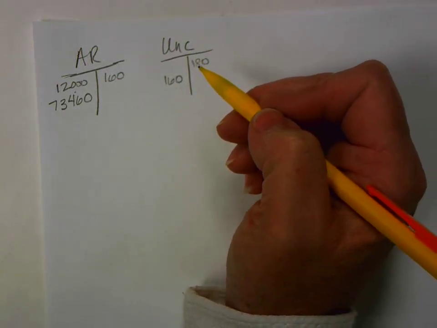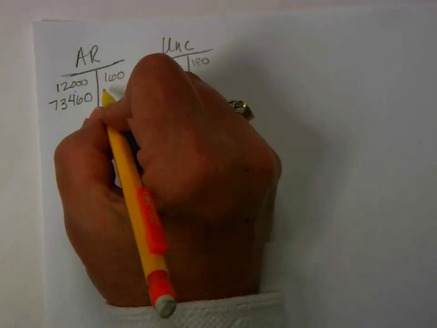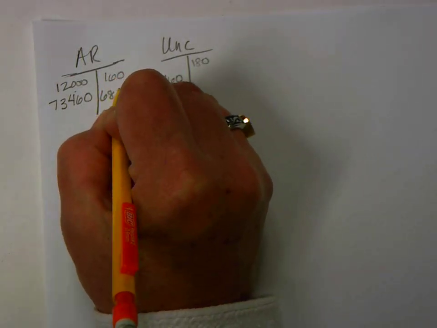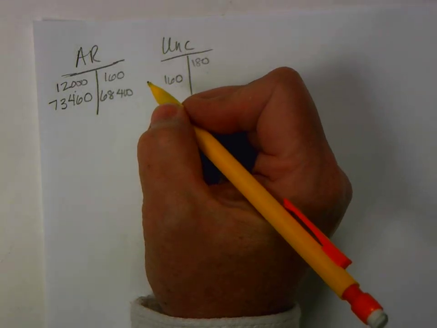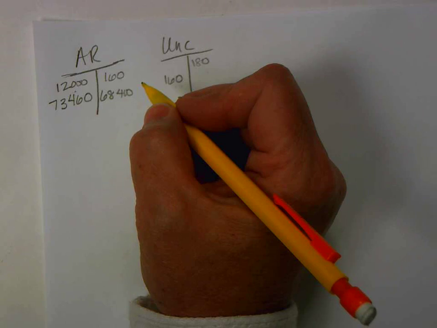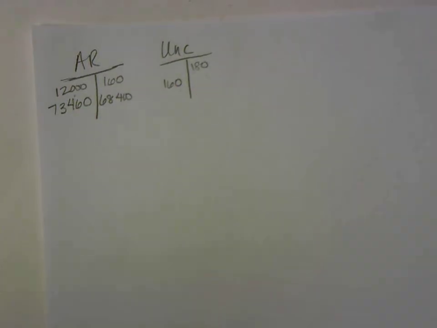And then we received $68,400 in payments from our customers. So that's decreasing our accounts receivable. So $68,400. And then we know we're going to use 2% to figure out the allowance for uncollectibles, getting it ready for the next year.